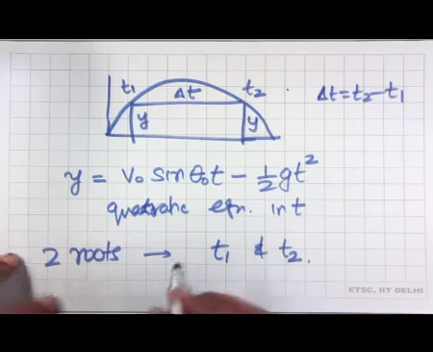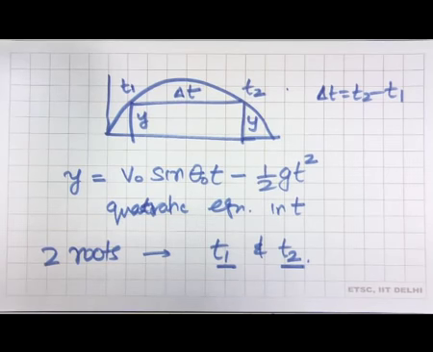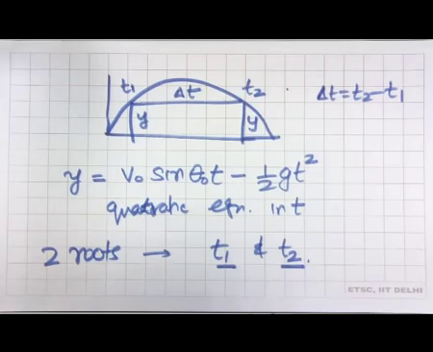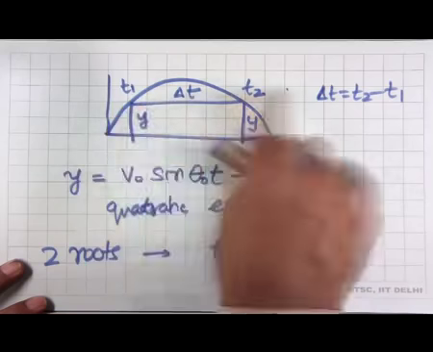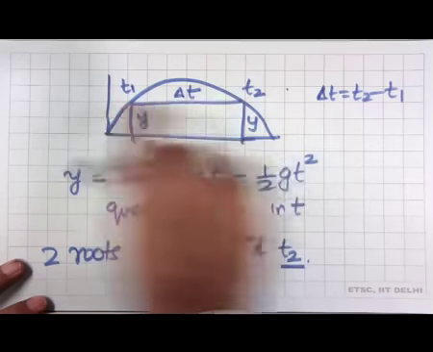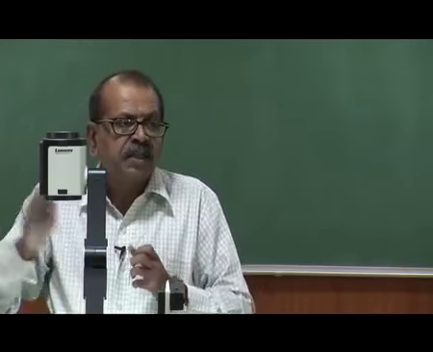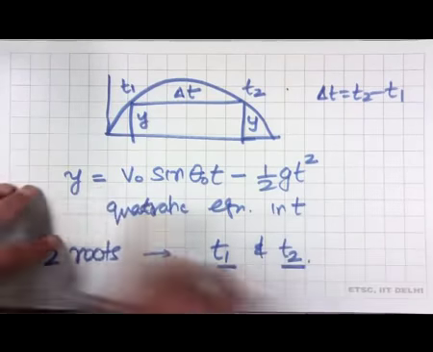Then we have these 2 roots t1 and t2, and if we solve for the 2 roots, we can subtract them and get the expression for t2 minus t1, and that will give us the time which the particle takes to travel the distance when it crosses the same height at 2 different locations.